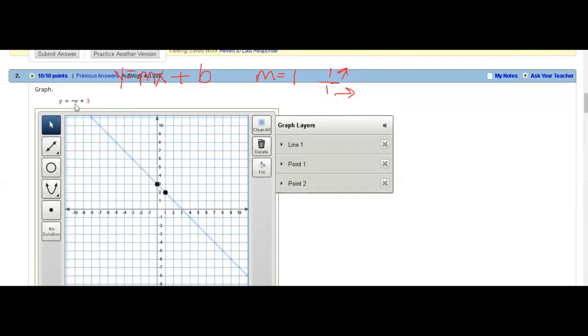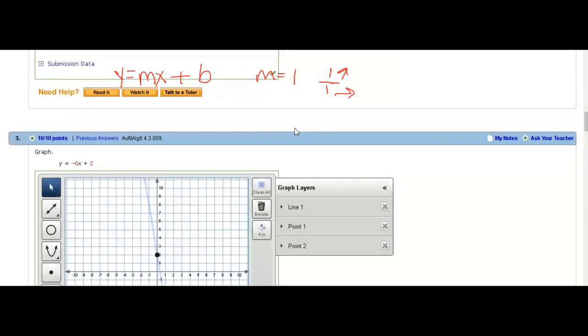Our slope is -1. So I go down 1 and to the right 1. So when our slope was +1, we went up 1 and to the right 1. And now that our slope is -1, we go down 1 and to the right 1. Okay? So let's keep going.